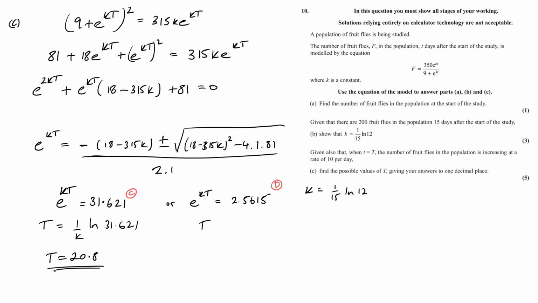Now my second one, again t equals 1 over k ln 2.5615. I'm using the full values there, so 1 over k, which is my alpha in this case, times ln d, and that is 5.7. And that is both answers.